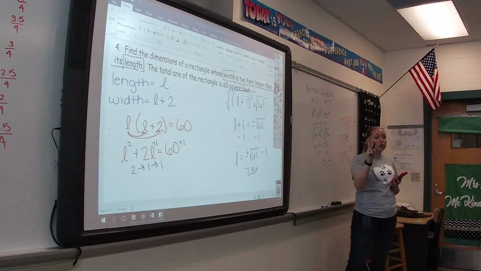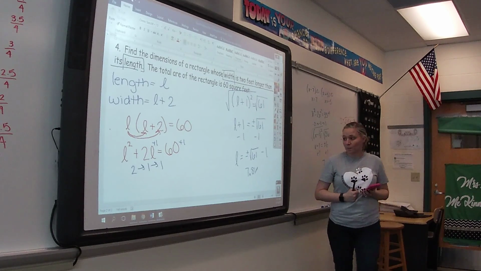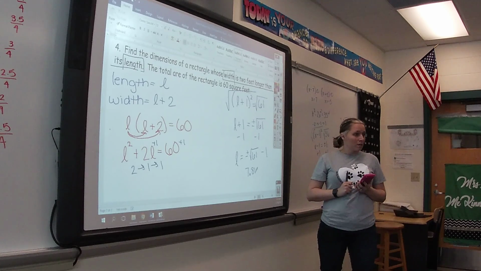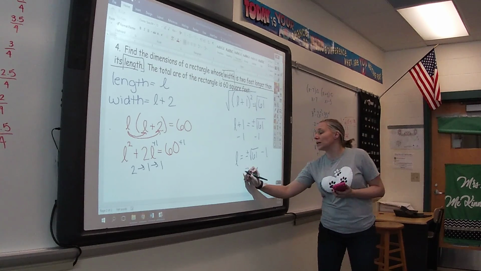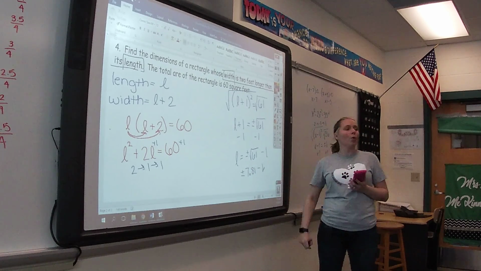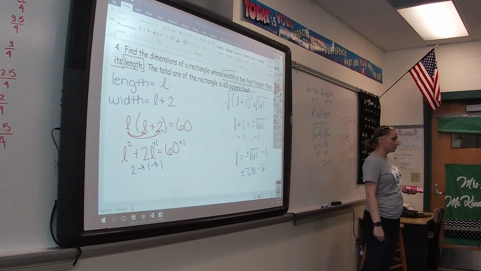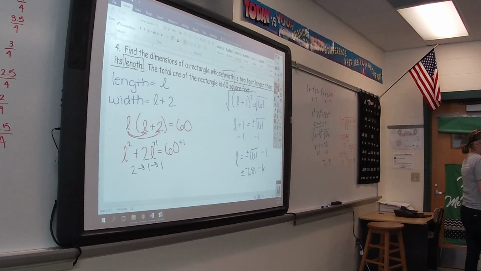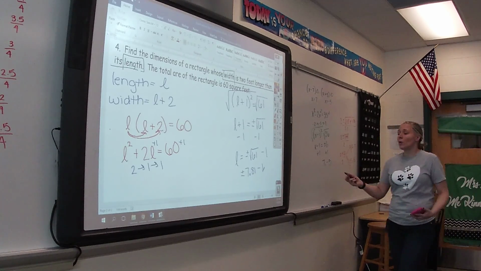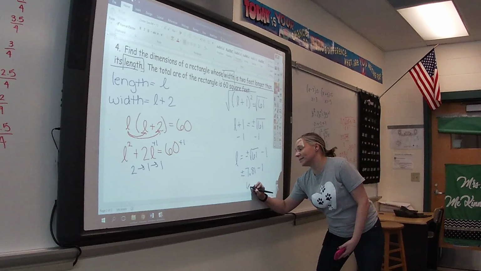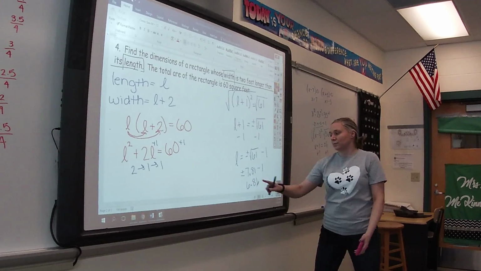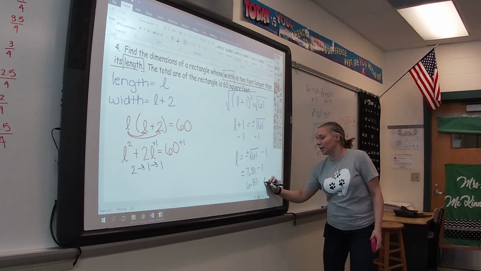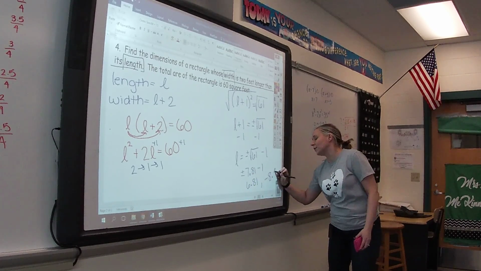I want you to round to 2 decimal points. So we'll have plus or minus 7.81 minus 1. And then we'll calculate both options. So a positive 7.81 minus 1 is 6.81. And a negative 7.81 minus 1 is negative 8.81.